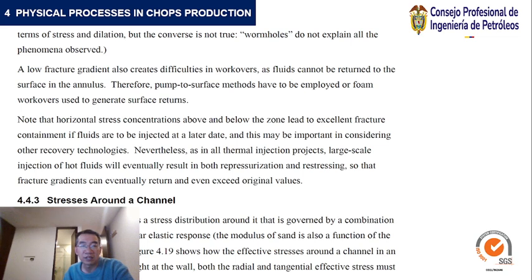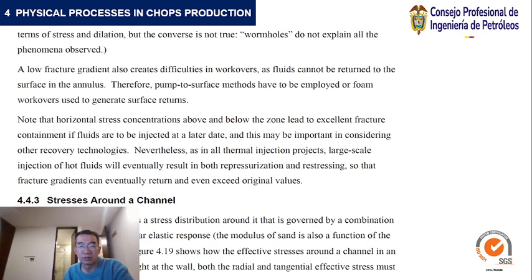Stress around a channel. A small channel in a UCSS has a stress distribution around it that is governed by a combination of frictional yield and nonlinear elastic response. Figure 4.19 shows how the effective stress around a channel in a UCSS must be distributed.